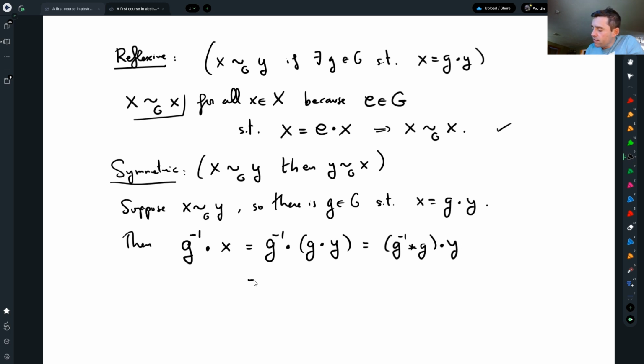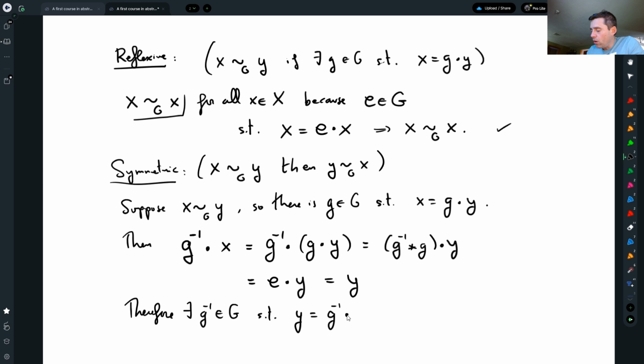So this is the identity acting on y. And now I know that the identity acts as identity in terms of the action, so this is just y. Therefore, there is an element of G, namely g inverse, such that y is g inverse acting on x, and therefore that means that y is G equivalent to x, like we wanted to show. So this is reflexive and symmetric.